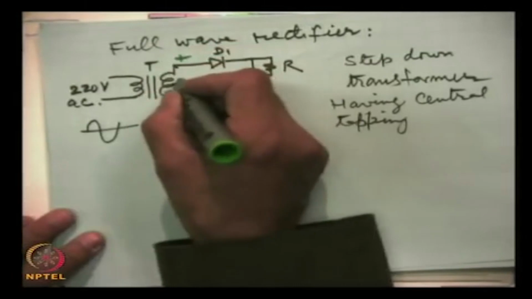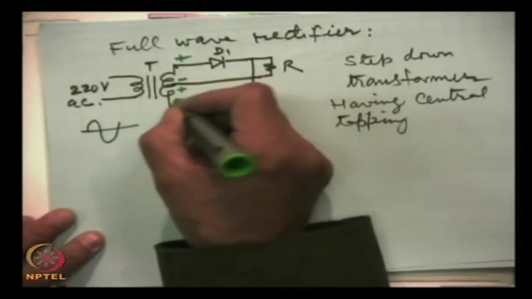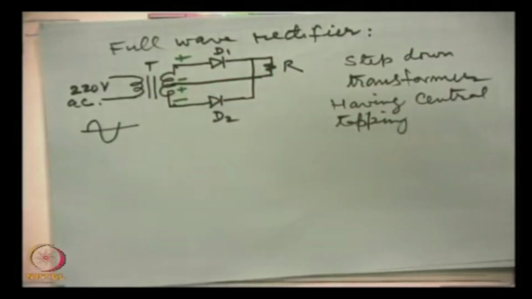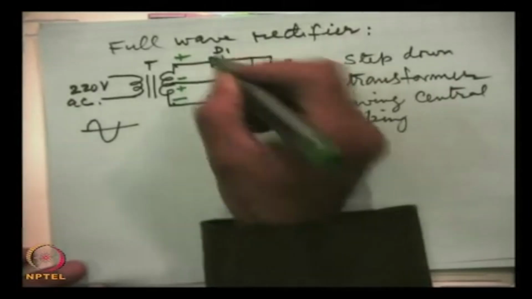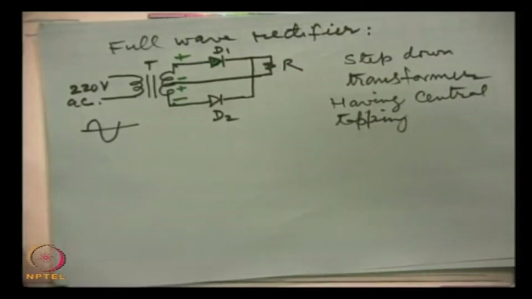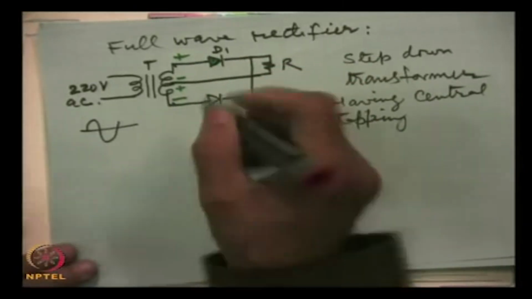This is the plus terminal, minus, plus, minus. Therefore, diode D1 will be conducting, while diode D2 will be off.